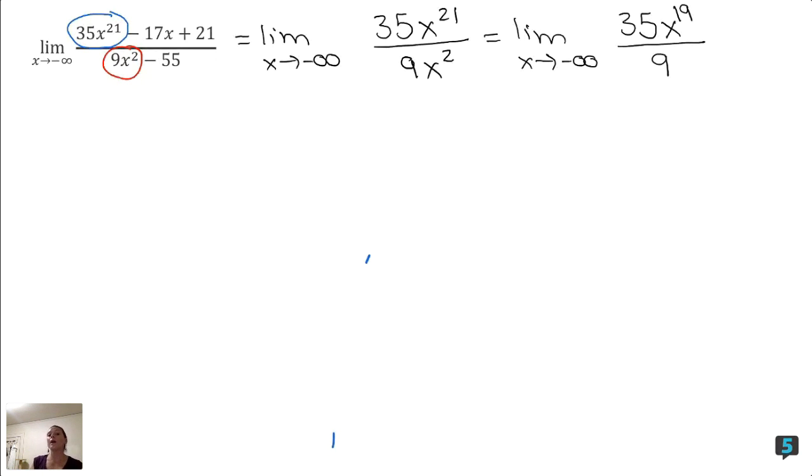So think about what's happening at this point. I am inputting larger and larger negative numbers because my x value is approaching negative infinity. What do you think is going to happen to 35x to the 19th over 9 when I input larger and larger negative x values? Go ahead and comment in the chat. What do you think is going to happen?